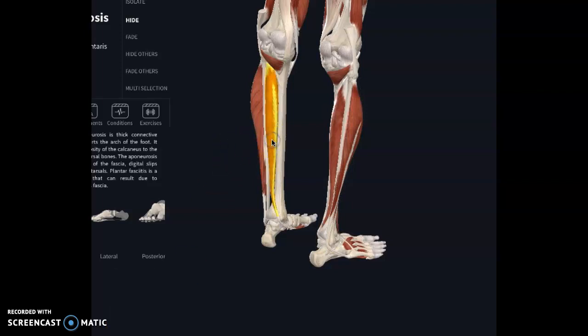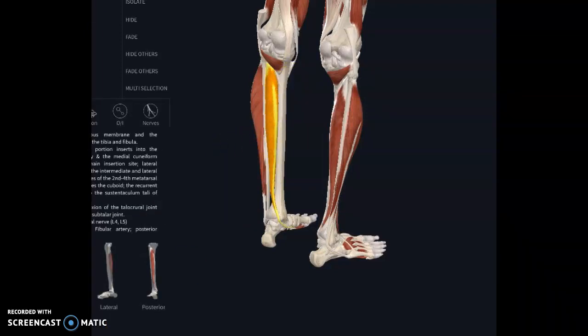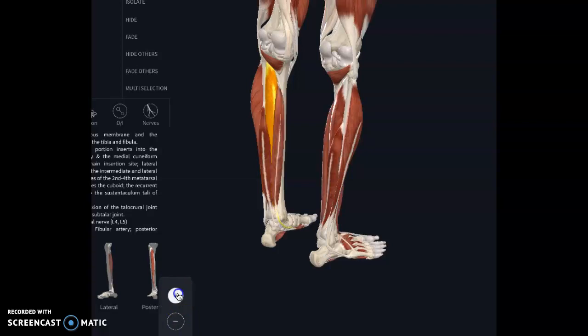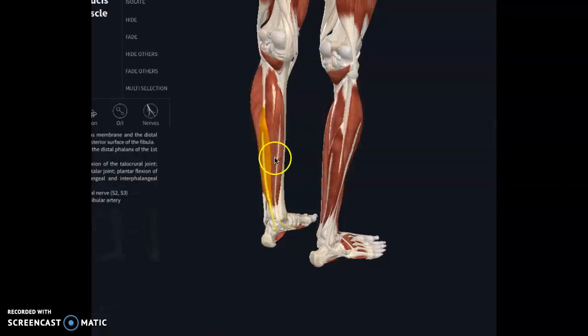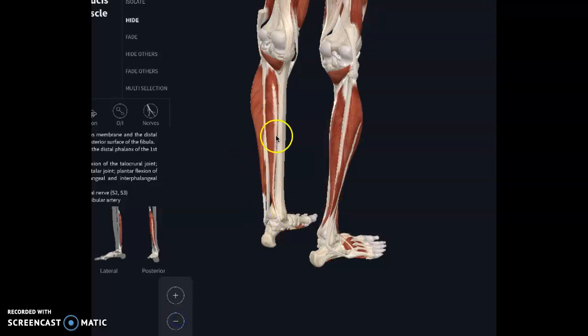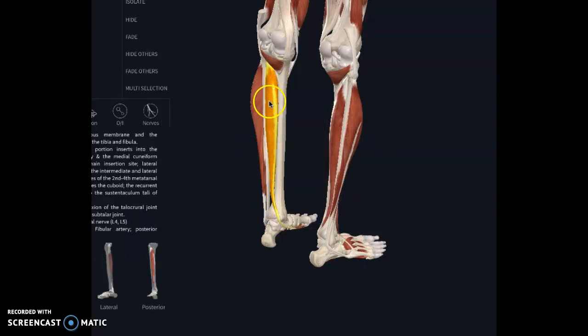Okay. So this guy, posterior tibialis, this is under your calf muscle. So the calf muscle that you're used to thinking about, okay? Soleus, that a lot of people forget about, is deep to your calf muscle. When you take that off, your posterior tib, that tendon comes down and it is your arch support, basically.